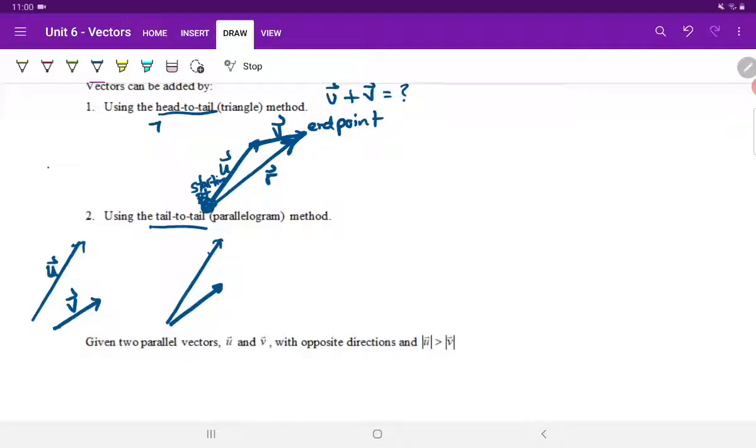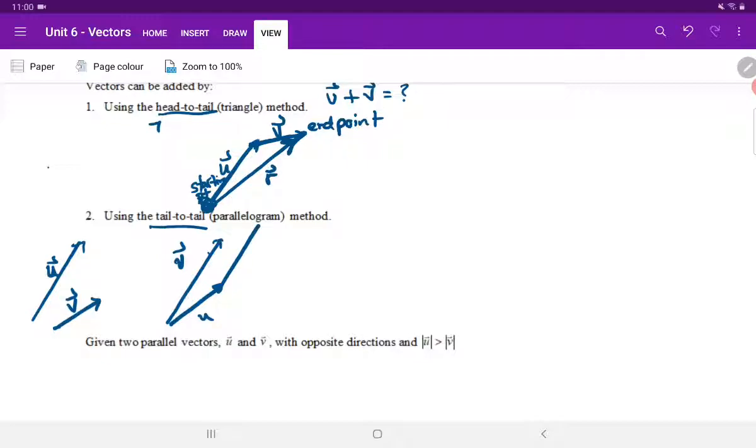Okay, tail to tail. So this is V, this is U. Okay, and then make a parallelogram. So I'm going to draw my V vector once again. I'm going to draw it right here. Okay, and I'm going to draw my U vector again up here, and I'm going to create a parallelogram.